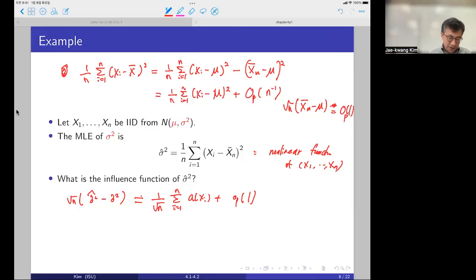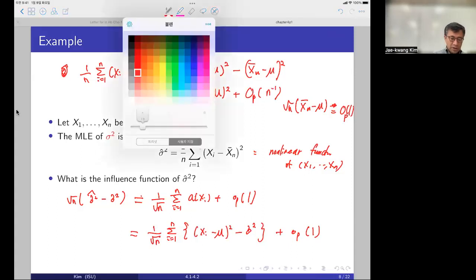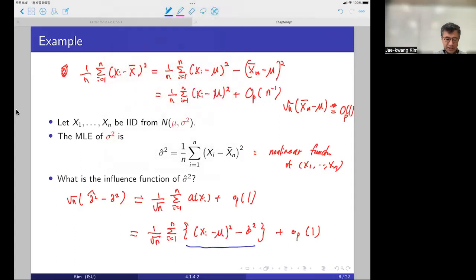Then we can actually write it, and this is the influence function.